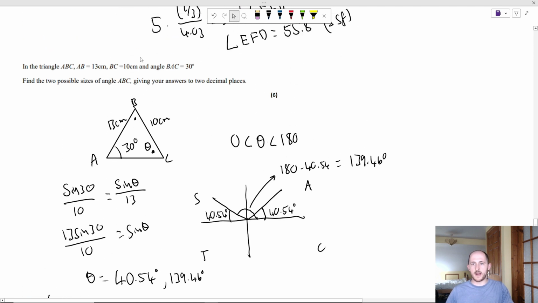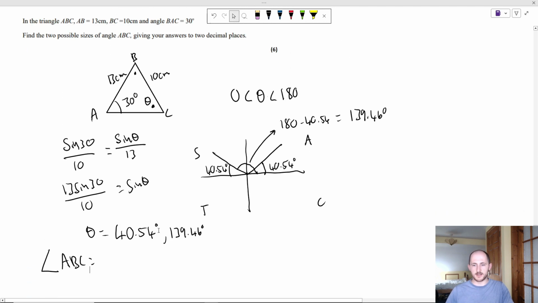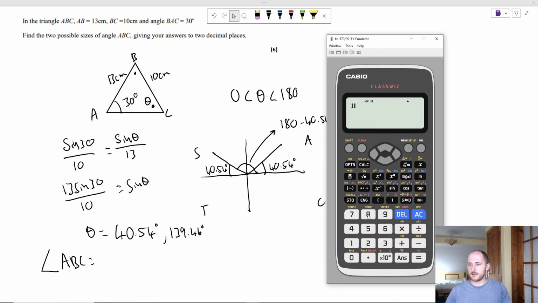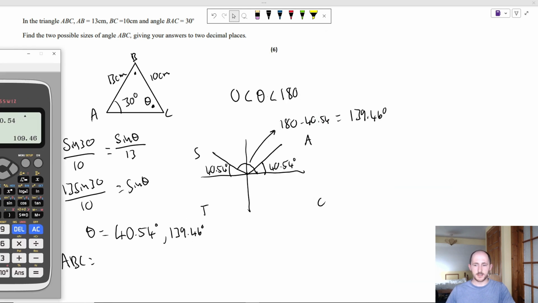So all we need to do for angles ABC is we're going to do 180 minus 30 minus this value, then 180 minus 30 minus this value. That's going to give us the possible values there, okay? So let's get to it. So 180 minus 30, whoopsies, not 3 point, minus 40.54 gives us our first value for B, which is 109.46.